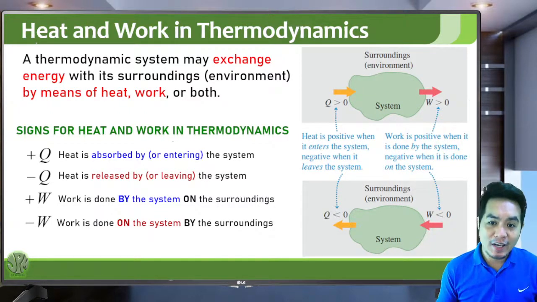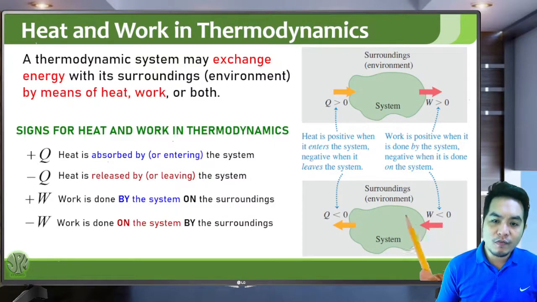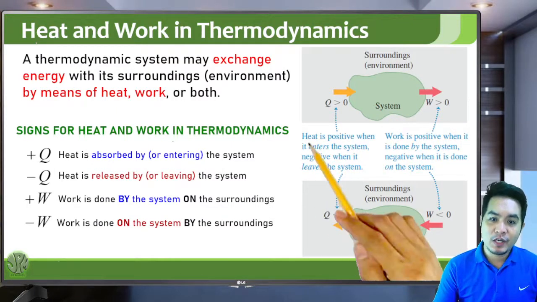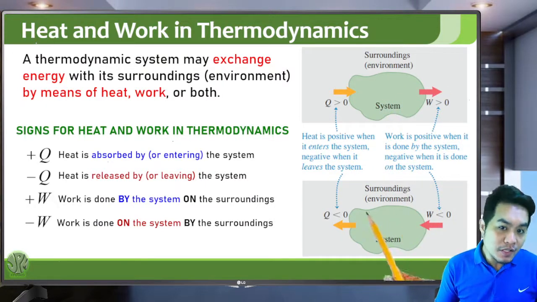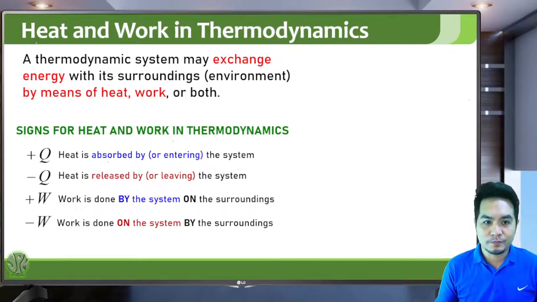Work is done by the system. In the case where work is done on the system, usually the system releases heat. So those are the basic heat and work mechanisms in a thermodynamic system: it absorbs heat, it does work, or work is done on the system, and the system releases heat.